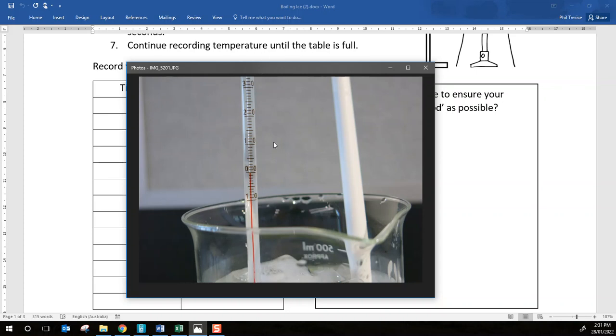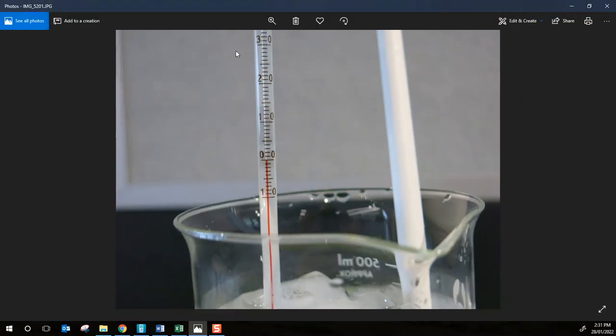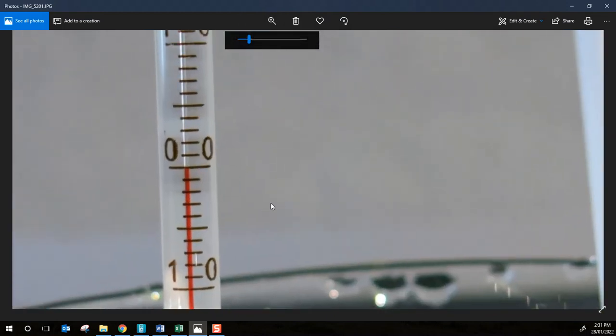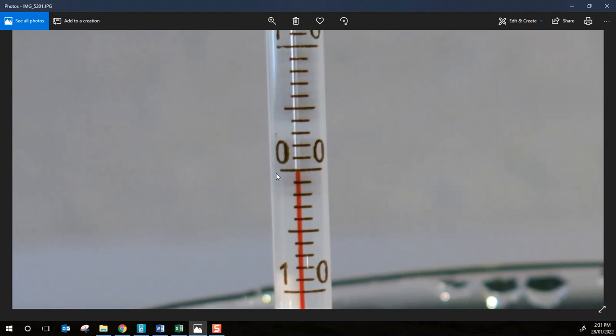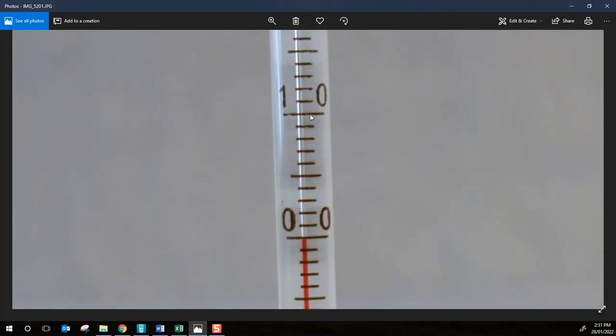Now let's see if I can zoom in. Maybe if I go to full screen, I can zoom up a bit on that one. Here we go. So let's zoom up a bit on that temperature scale. The longer line there is 0. Then moving upwards, by the time we get to this one, we're at 10 degrees.